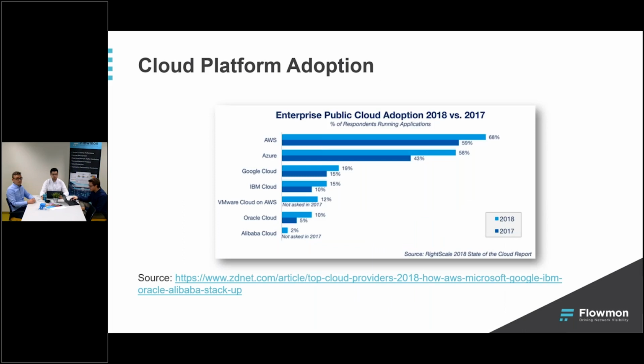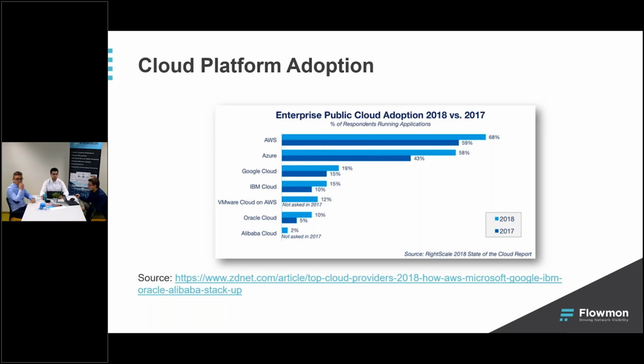And now let's move to something completely different. When we were evaluating where to start with these native deployment options, we decided to start based on the market share. So here's the data that we came up with.